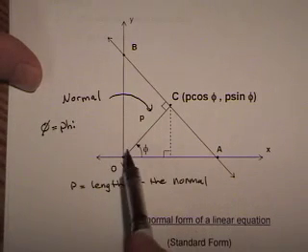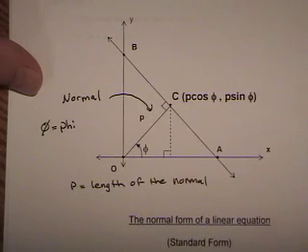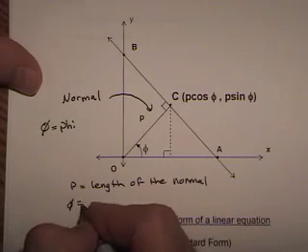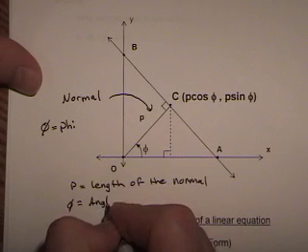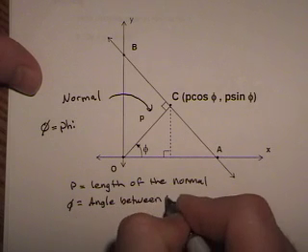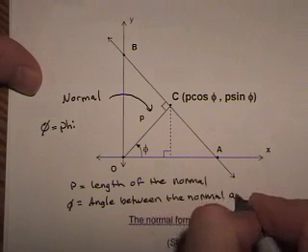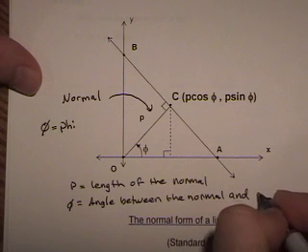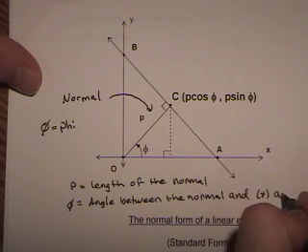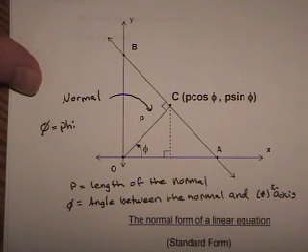It's called phi, a little circle with a line through the top. Phi is the angle between the normal and the positive x-axis.